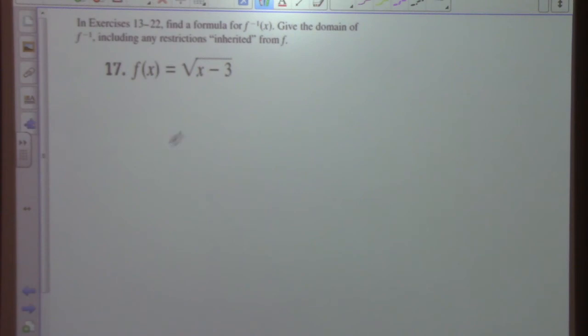This one here, Emily worked this one out, so you can correct me if I'm wrong on this. First of all, y equals square root of x minus 3. Then we change this to x equals square root of y minus 3, and then solve for y. What do we do for that?